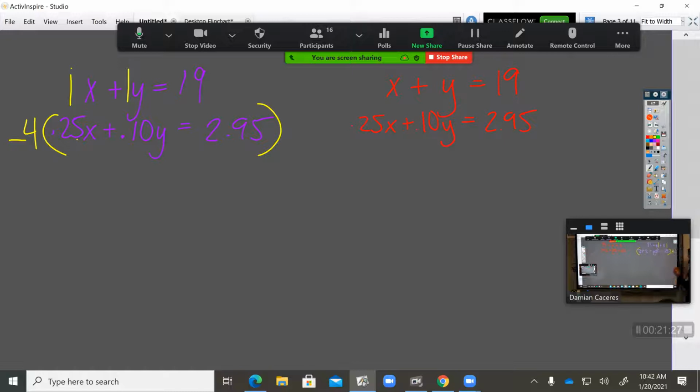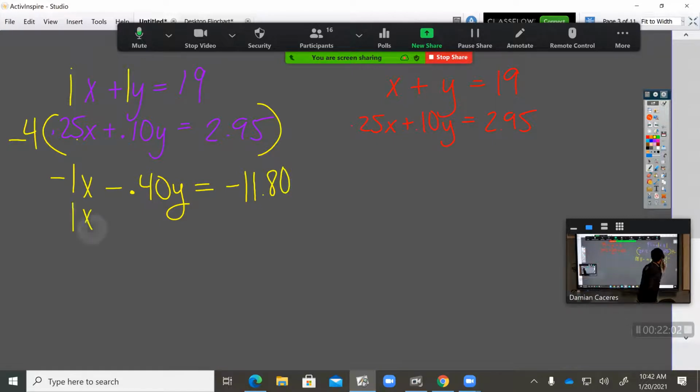So now when you distribute, negative 4 times 0.25x is negative 1x. Negative 4 times 0.10y is negative 0.40y. And negative 4 times $2.95 is negative $11.80.